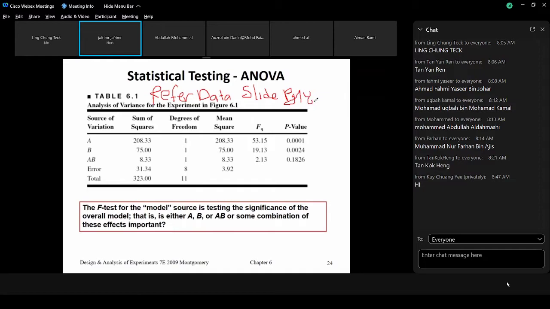That means you have factor A sum of square using the contrast, sum of square B using the contrast, and then this one, SST. Remember the long method for SST.